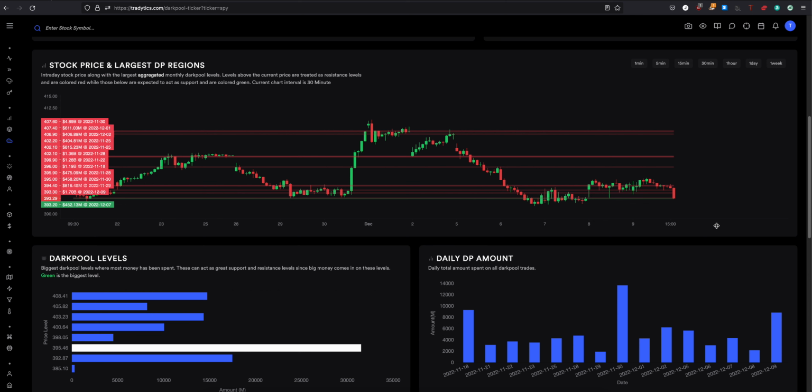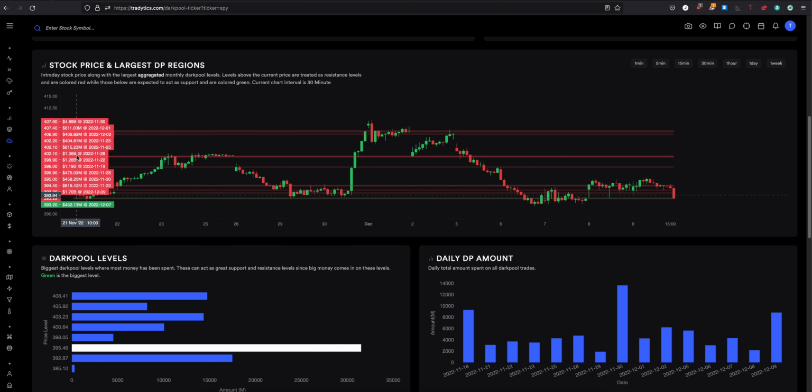So for SPY, it varies by ticker, right? Because of the different size and everything. But for SPY, I'm only really going to chart things that are $1 billion and up. And you can see here on SPY, there's quite a few $1 billion levels. Also, one thing to keep in mind is sometimes you'll see two orders right there, both at the same price, 402.10.